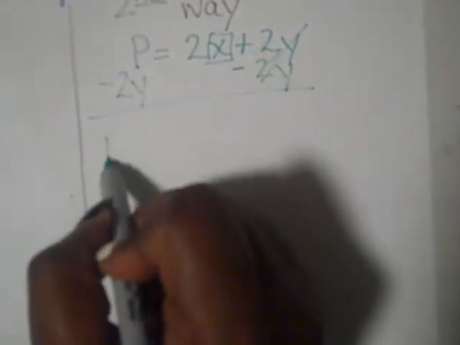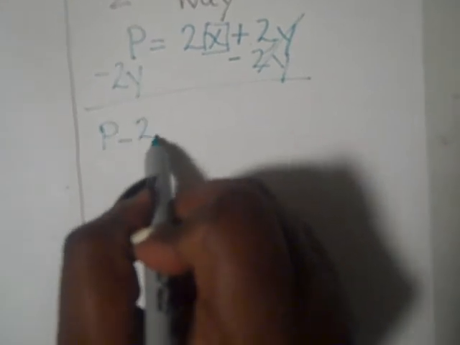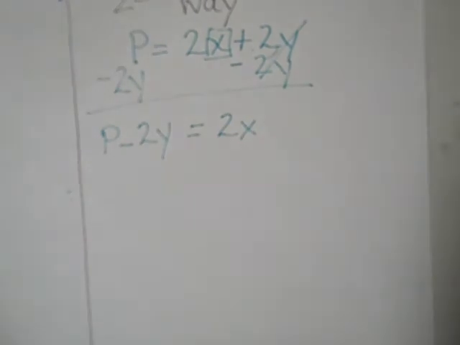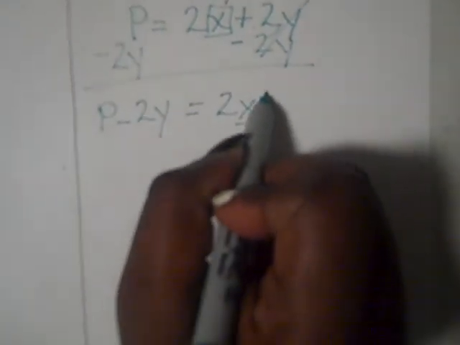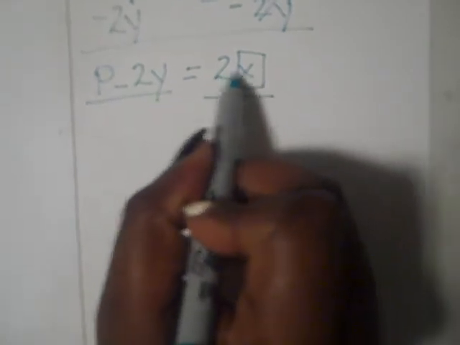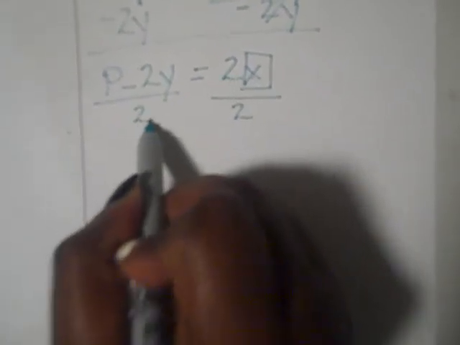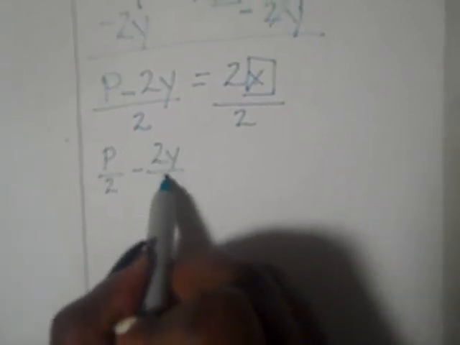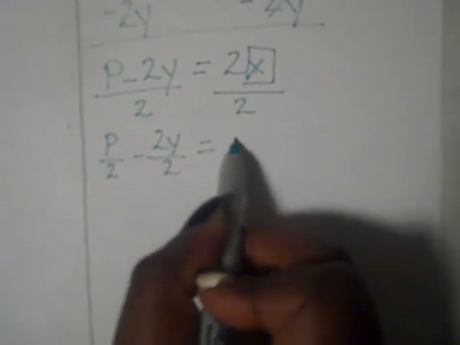These cross out, and we have P minus 2y is equal to 2x. X is not by itself, so I'm going to divide, because it's multiplication, both sides by 2. So P divided by 2 minus 2y divided by 2 is equal to x.